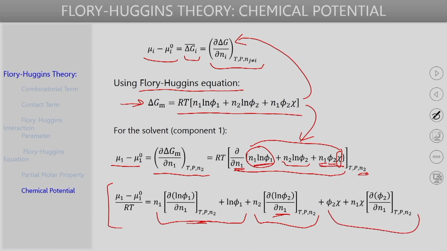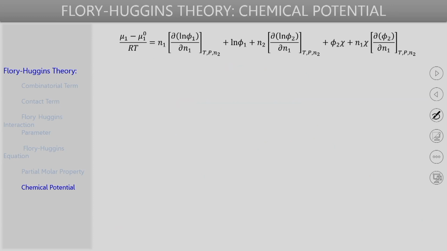Now in the next slide, let us look at all the terms in more detail. So this is the expression that we got by expanding, applying the product rule and taking the partial derivative with respect to n1 for the different terms in the Flory-Huggins equation.